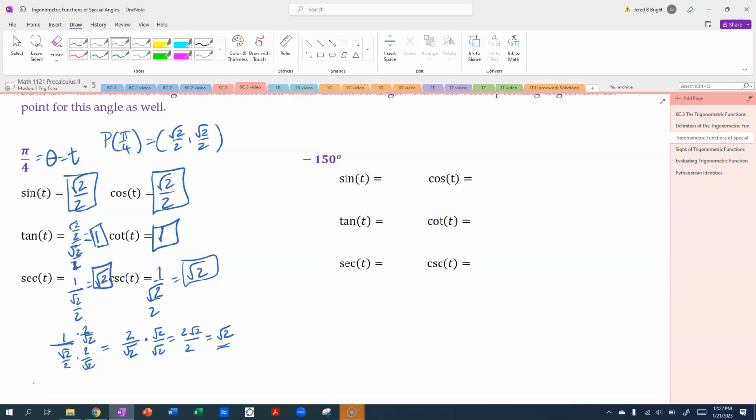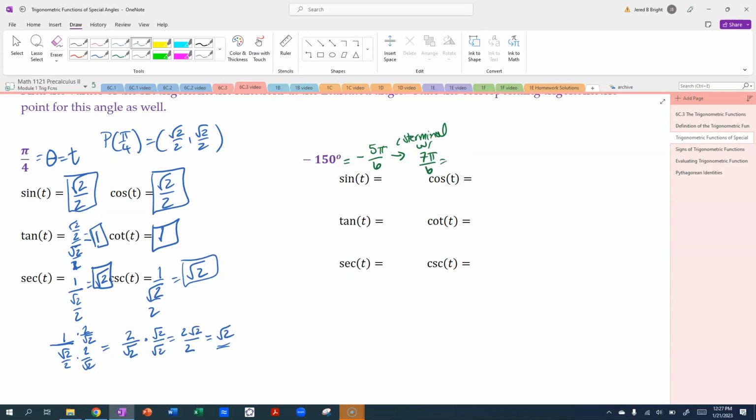All right, moving on to negative 150 degrees. If you convert this, it would be equal, in radians, to negative 5 pi over 6. This is also coterminal with 7 pi over 6.